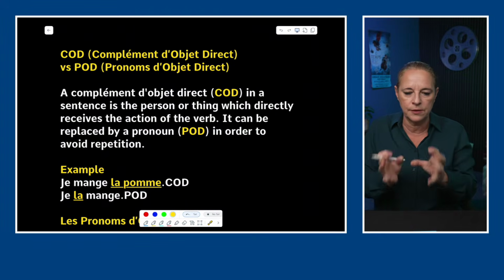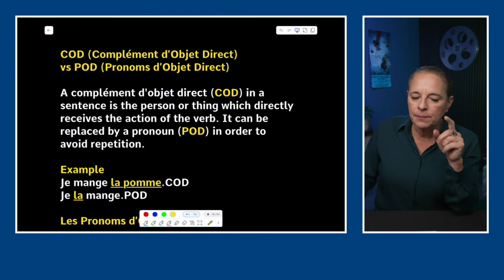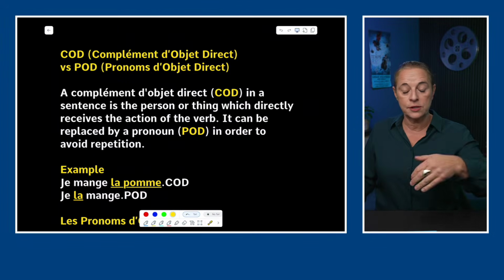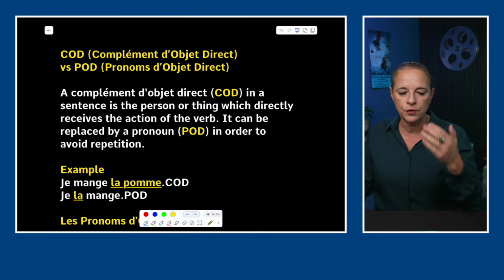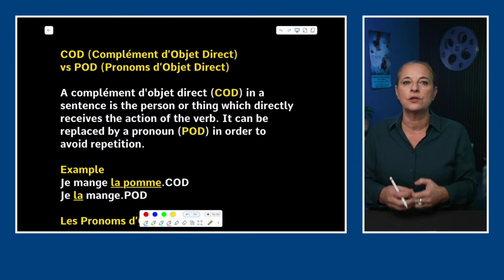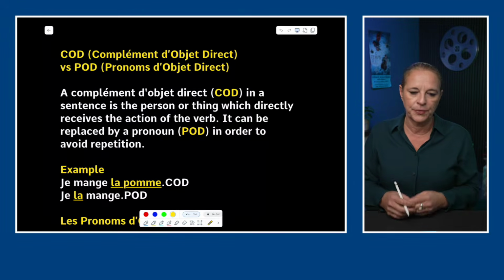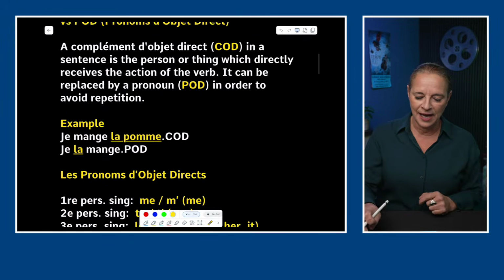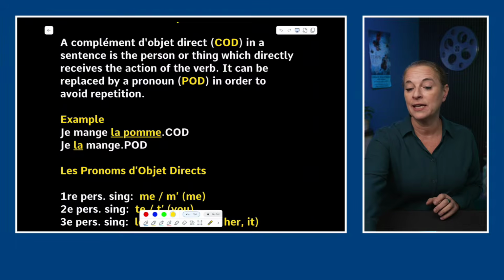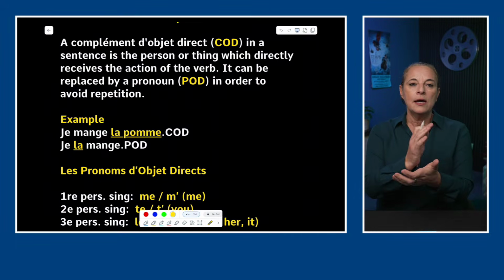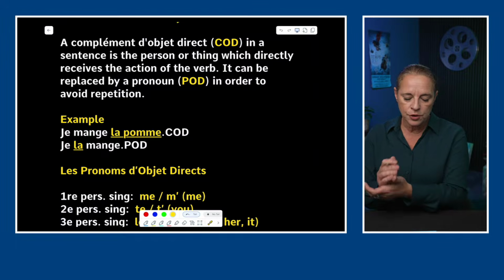I'm showing you that in a minute. And it can be replaced by a pronoun, which is called a POD, pronom d'objet direct, in order to avoid repetition. Such as, and this is the beginning of a simple explanation, je mange la pomme.